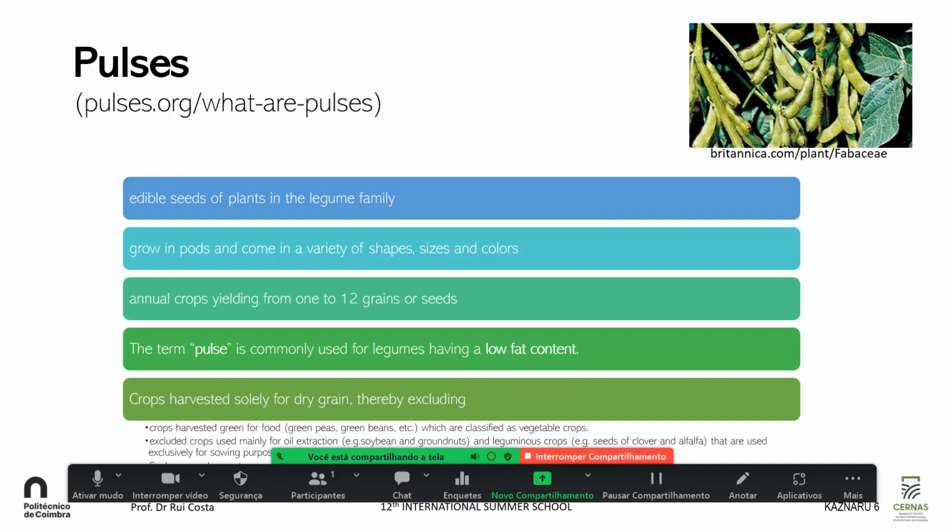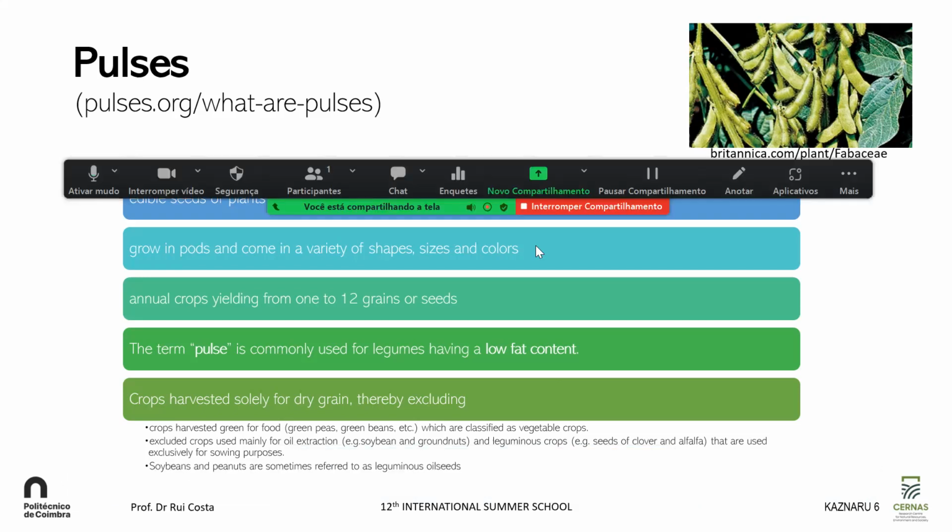The crops are harvested solely for dry grain, and so it excludes crops harvested green for food. We're not talking about those.